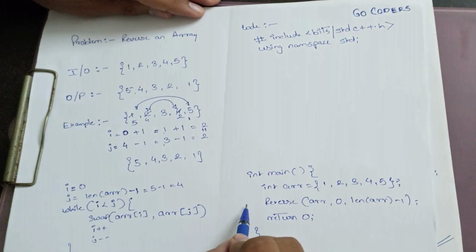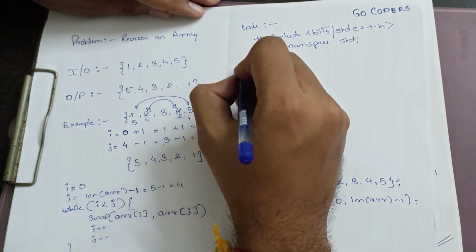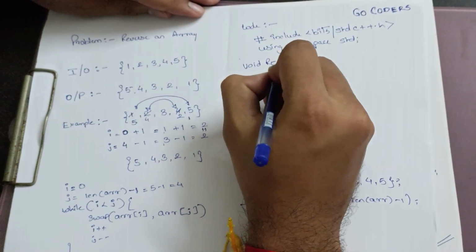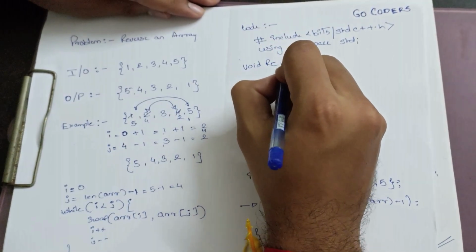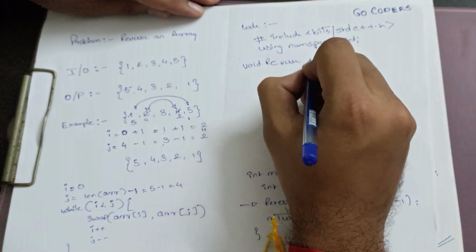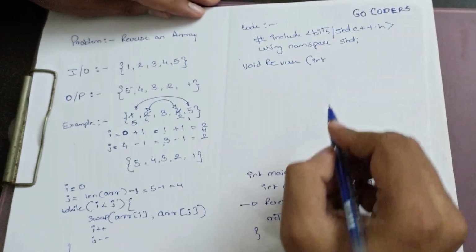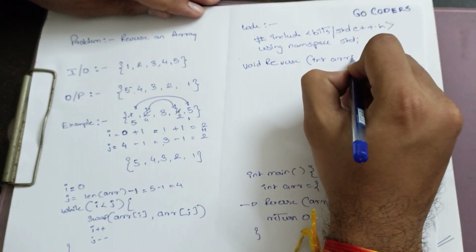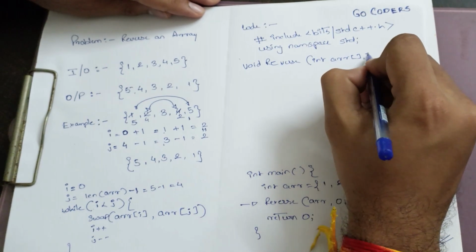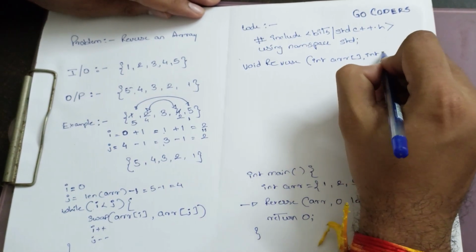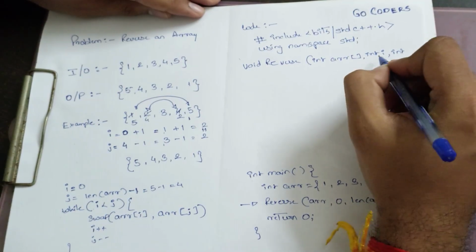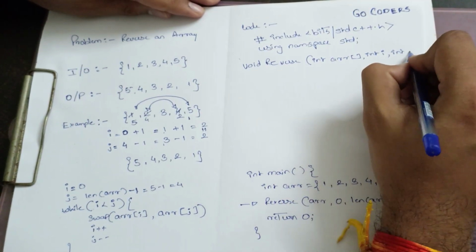Now let's declare this reverse function. It will be void because we are not returning anything. Void reverse. What we passed? We passed an array. We pass the starting index, let's take it as i. We passed the ending index, let's take it as j.